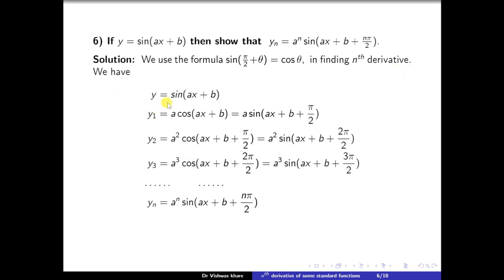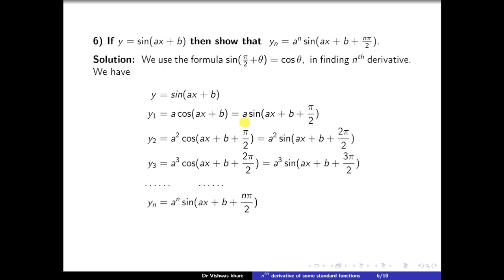We have y is equal to sine(ax plus b). Finding the first derivative, it gives y1 is equal to a cos(ax plus b), because the derivative of sine(ax plus b) is cos(ax plus b), and the further derivative of ax plus b is a, so this a is appearing over here. Using this formula, cos theta becomes sine(pi by 2 plus theta).